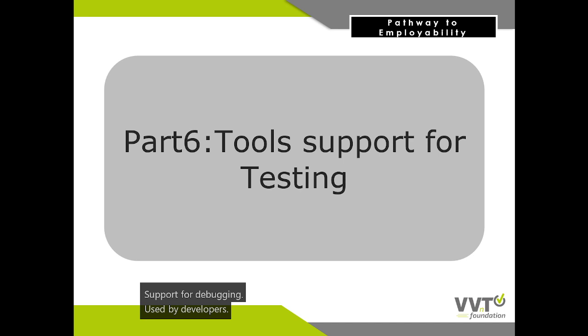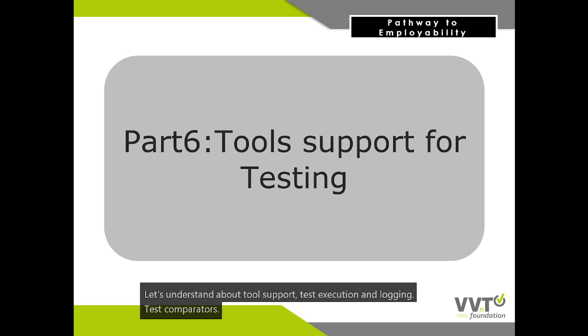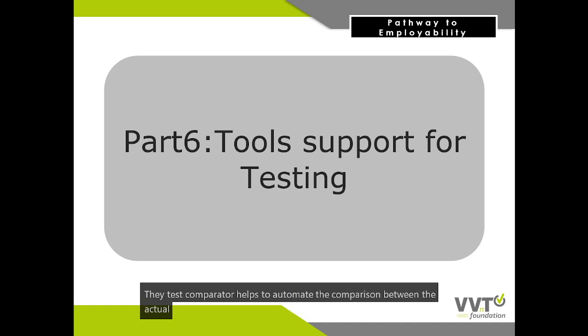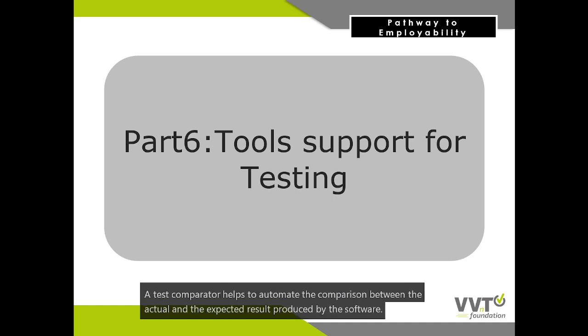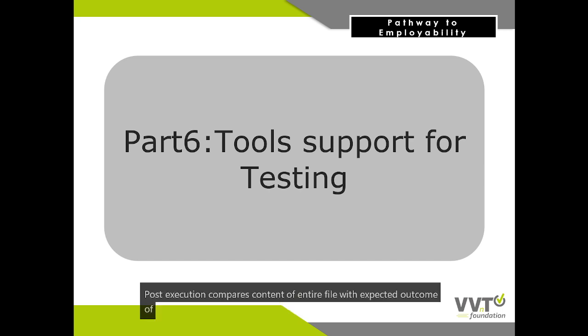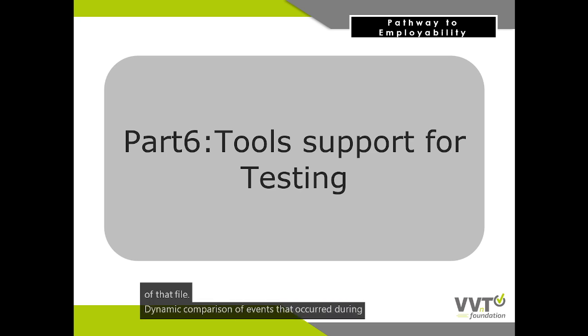Let's understand more about tool support, test execution, and logging. Test comparators: a test comparator helps to automate the comparison between the actual and the expected result produced by the software. Post-execution, it compares the content of an entire file with the expected outcome of that file, and it can dynamically compare events that occur during test execution.